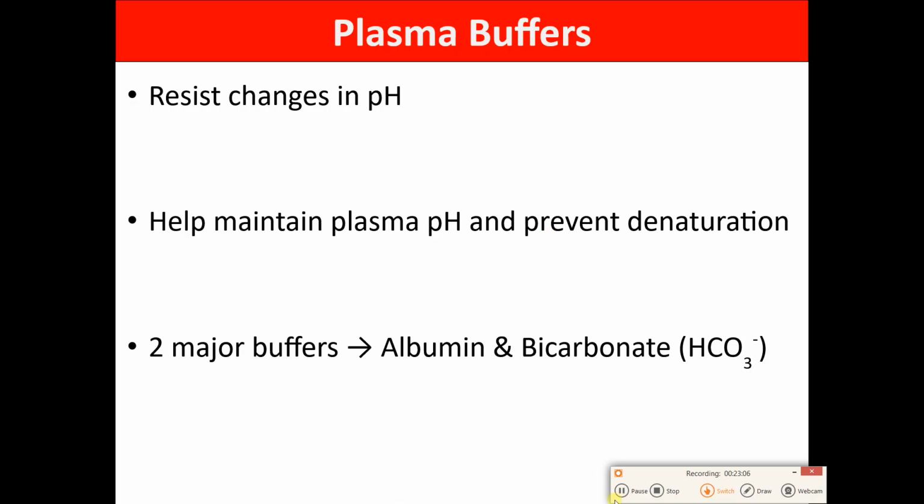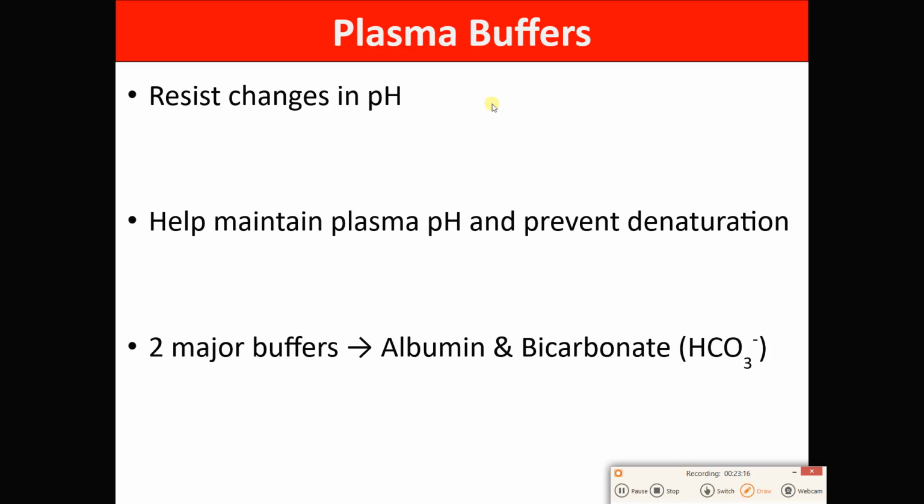Now, another component of the plasma are these things called buffers. Buffers are chemicals that resist changes in pH. Do you remember what the range for plasma pH was? 7.35 to 7.45. And that's a really important range that we want to maintain. Buffers help us maintain that plasma pH.